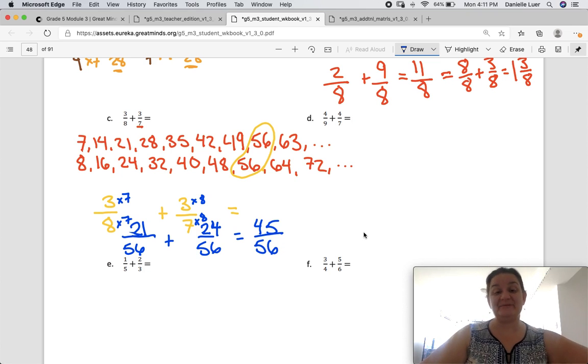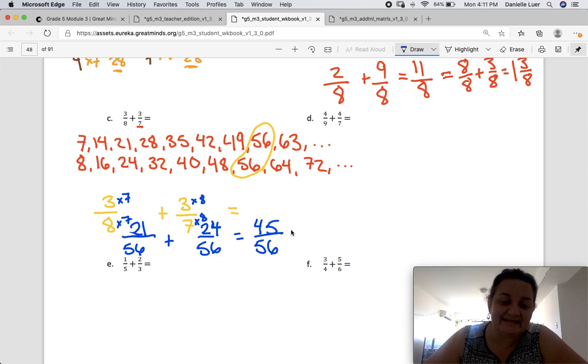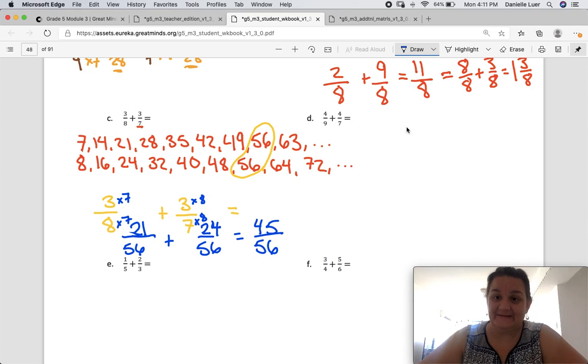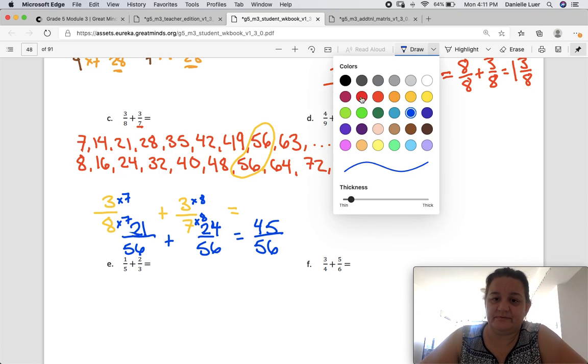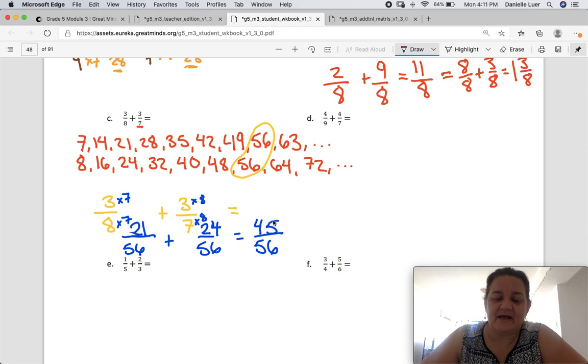Now, can I simplify that? In fact, I can. I'm going to show you how. Both of those numbers, wait a minute, can I? No, I don't know that I can actually. I was going to say by 9, but that's not going to work, is it? Nope, that looks like that's our answer.